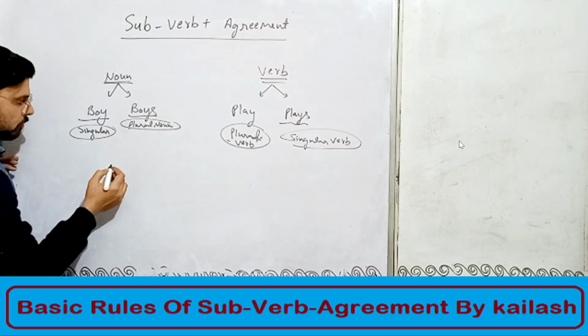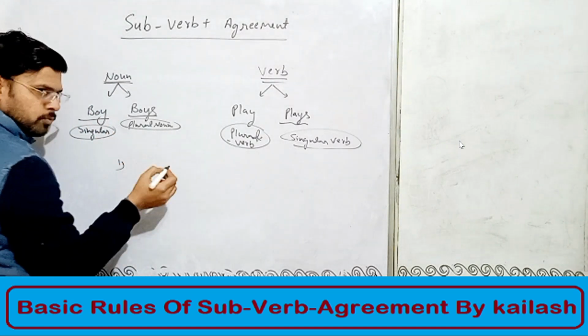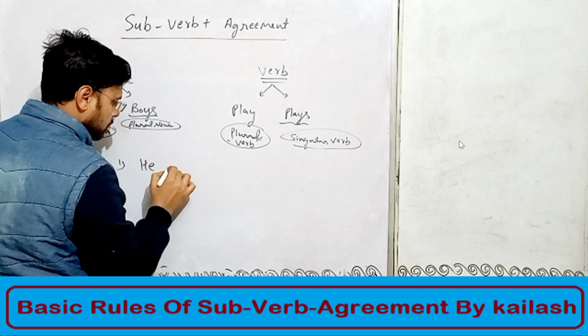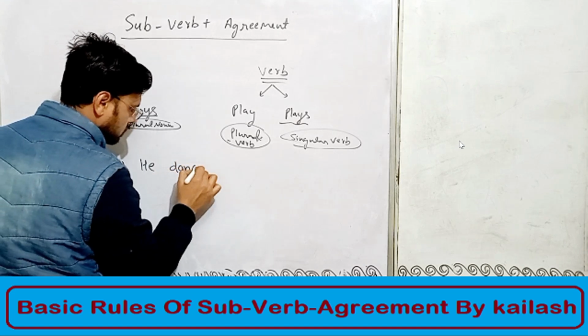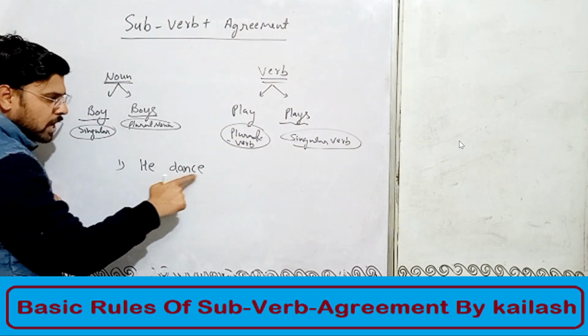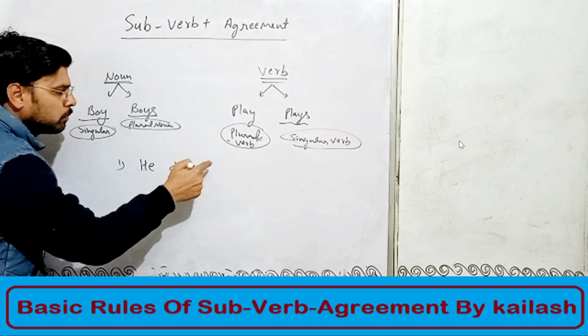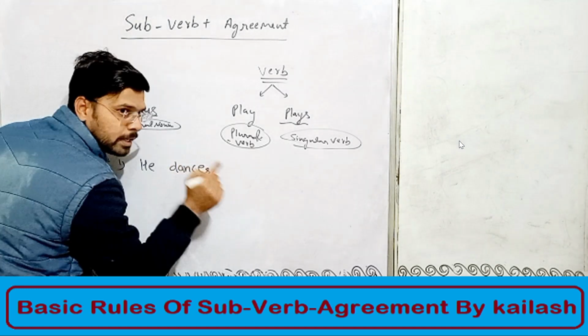Let me write one example with a pronoun: he dance. This is incorrect. I would have to add suffix s in the verb to make it singular.